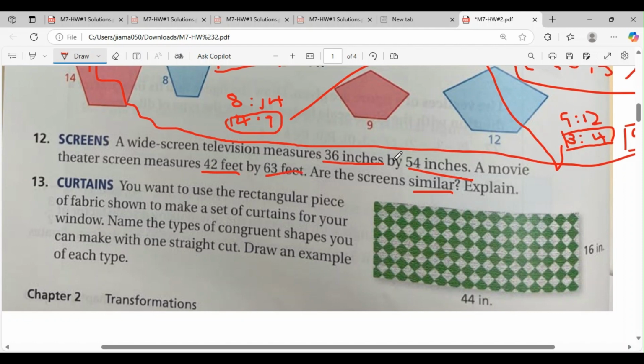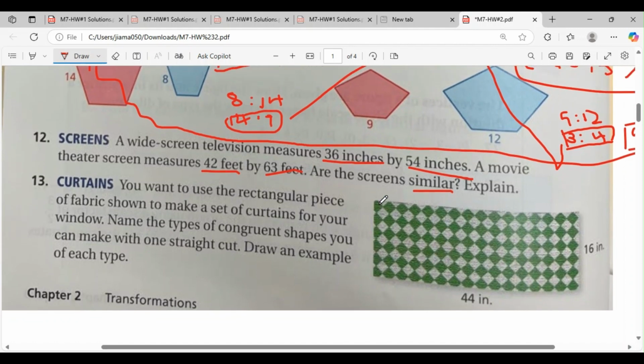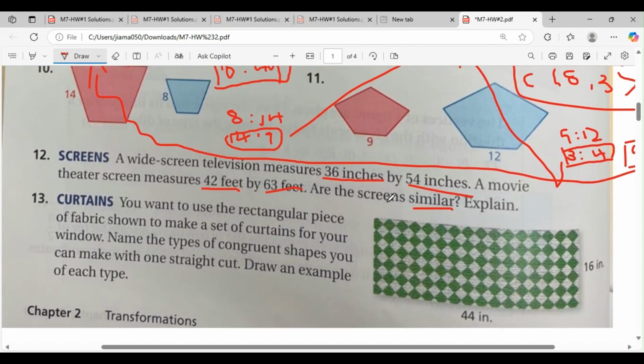We can find that the units of the two screens are not the same. One is inches, but the other one is feet. So we should change them to the same units.